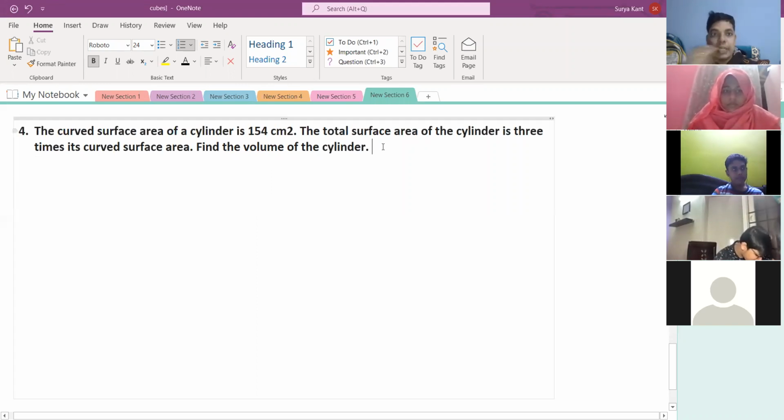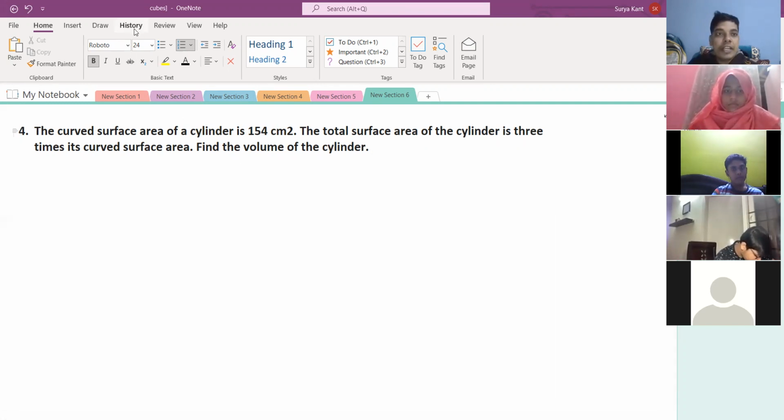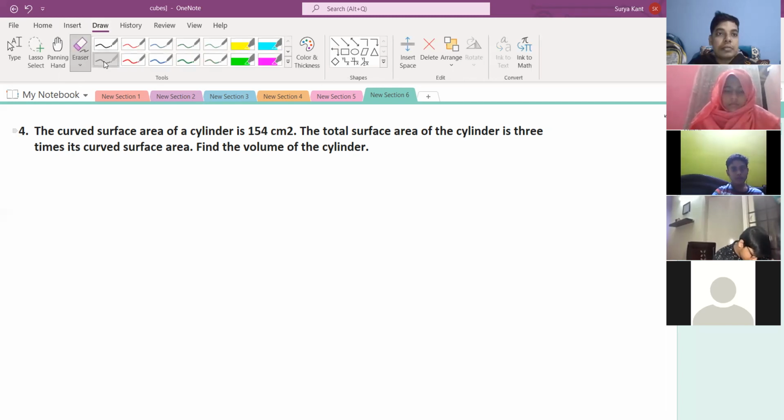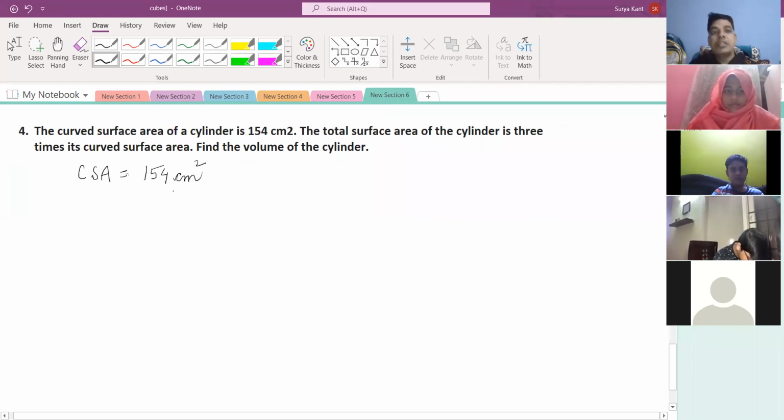CSA of cylinder is 154 centimeter square. The first thing, what data is given, you write the data first. CSA of cylinder is how much? 154 centimeter square.